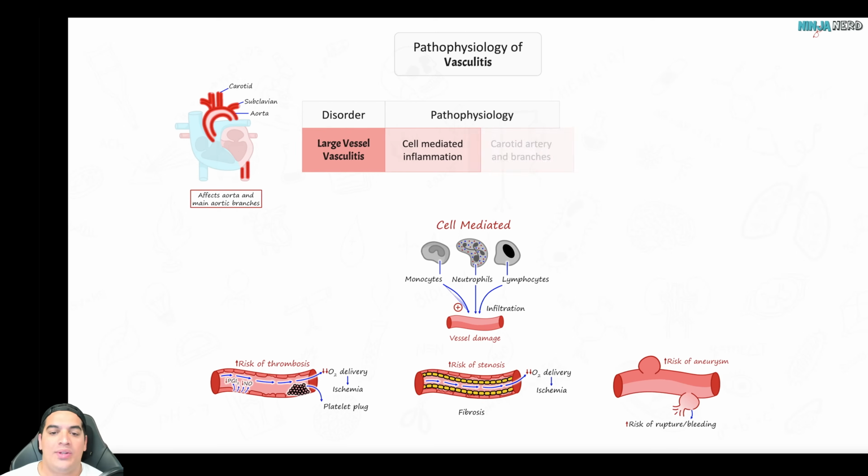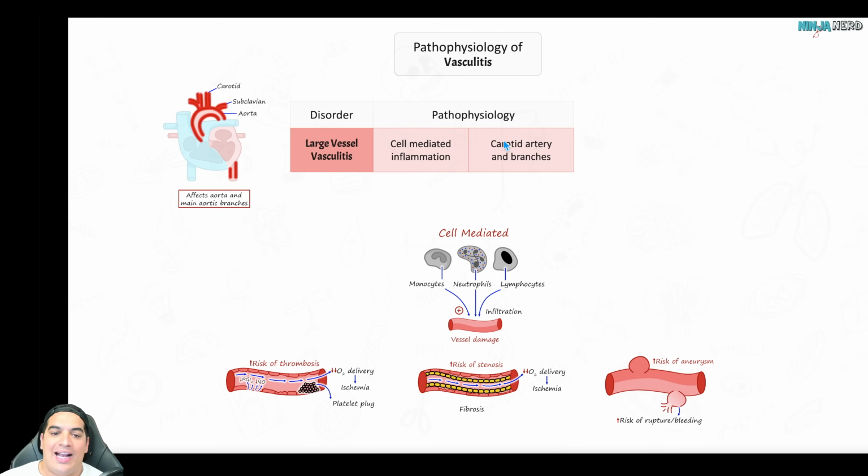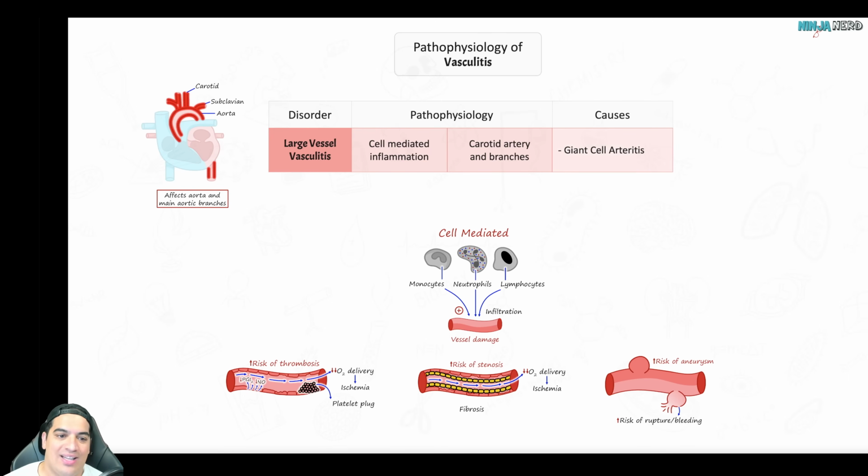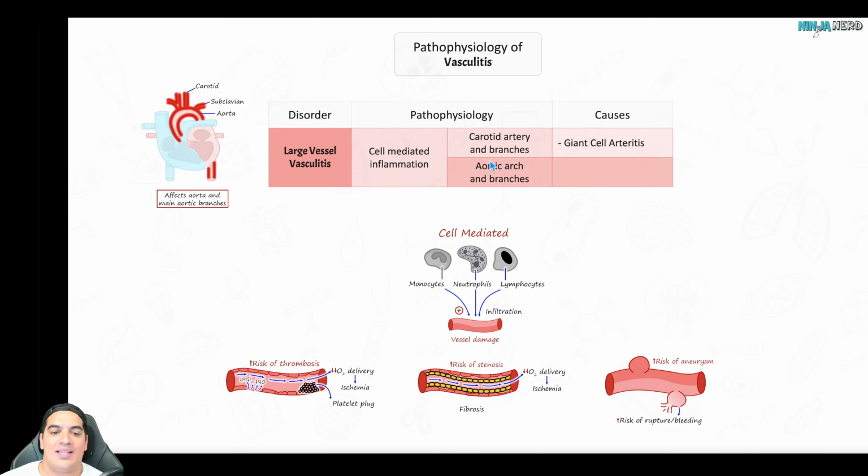Now, when we talk about these, let's say that the actual inflammation is occurring primarily of the carotid and some of its branches that come off near the face. If it is, we oftentimes will associate this with what's called giant cell arteritis, often referred to as temporal arteritis. Another one is, let's say that the inflammation that's occurring within the vessel is primarily staying within the aorta and the arch, and then just off the initial points here, like the subclavians and maybe the initial part of the carotids.